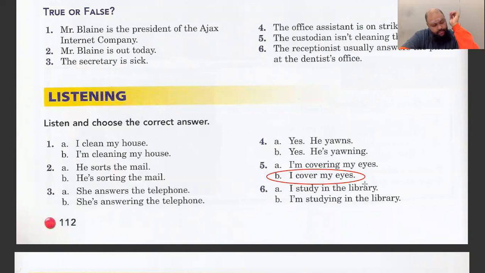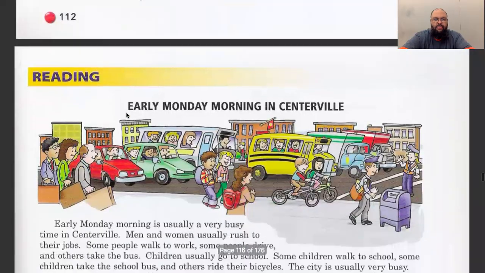Number six, where do you usually study? Well, I study in the library. Well done. Let's continue on.